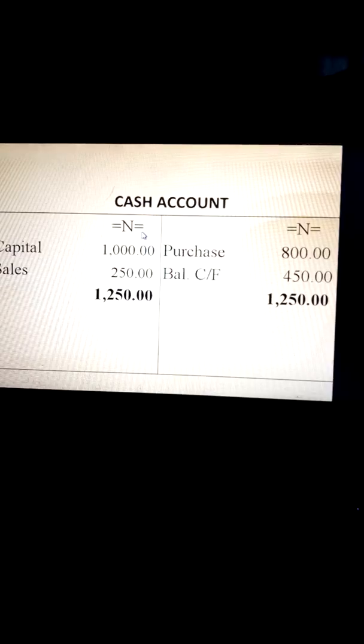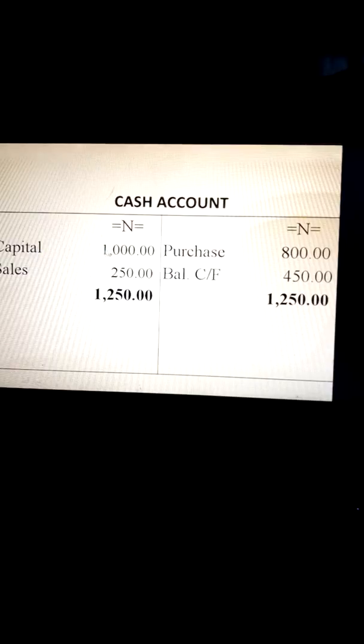Remember, we are dealing on the double entry principle. The first account here is the cash receiving equity from the owner, while equity also will be recognized, or capital will be recognized. So cash here now is receiving. Remember, ALCRE, asset, if it's increasing, must be debited.